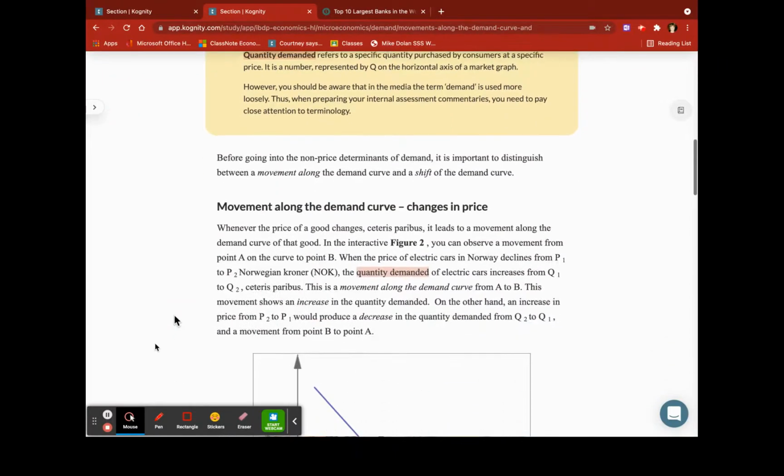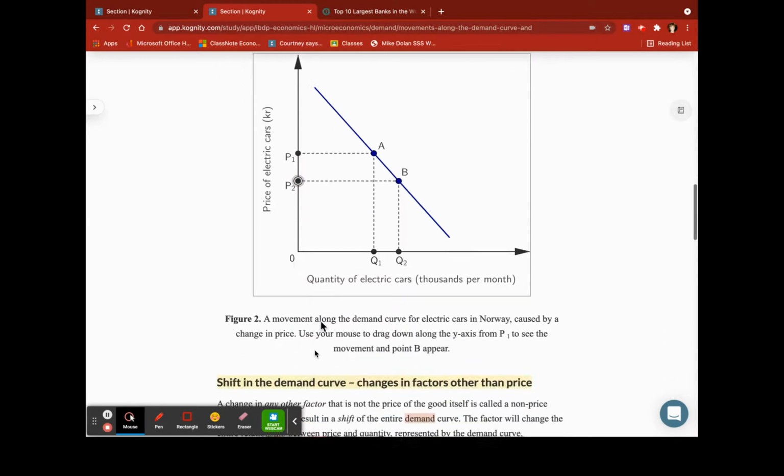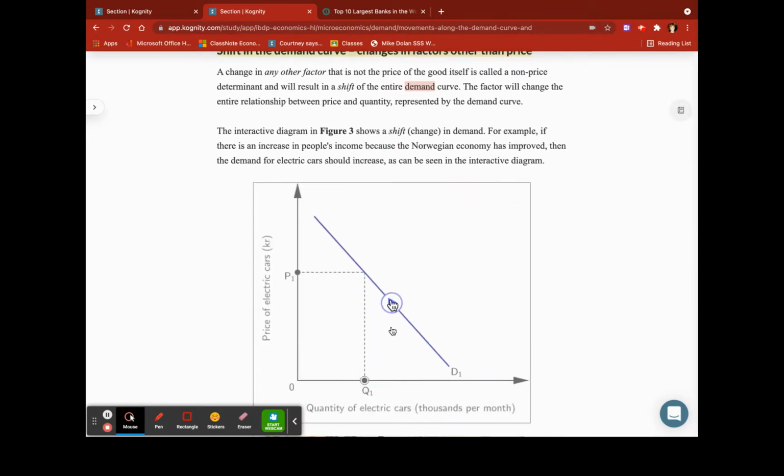Now let's just go through this, right? Quantity demanded changes as price changes, right? As price changes, the quantity demanded changes along the demand curve. Demand refers to the shift of the demand curve at any given price.